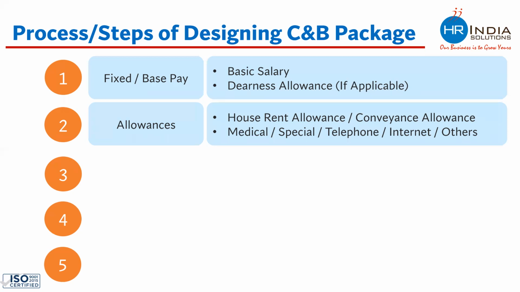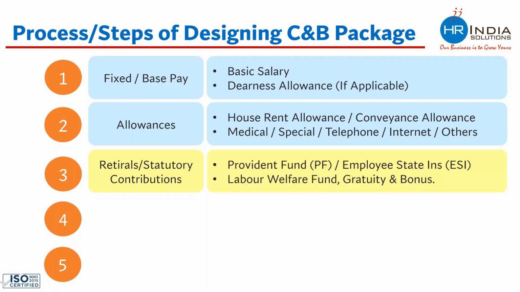Once you are done with these two steps, the third step is to work on retirals and statutory contributions. This is something which you do not decide. This comes from the labor law point of view, and you calculate the cost to your company for some contributions which every company makes to government authorities.